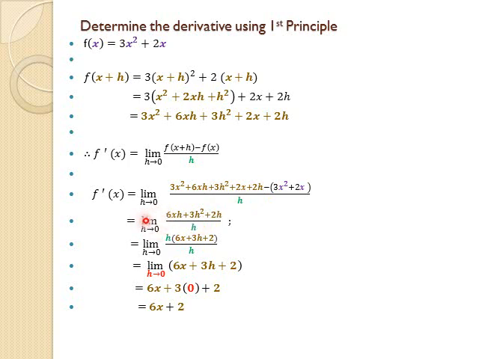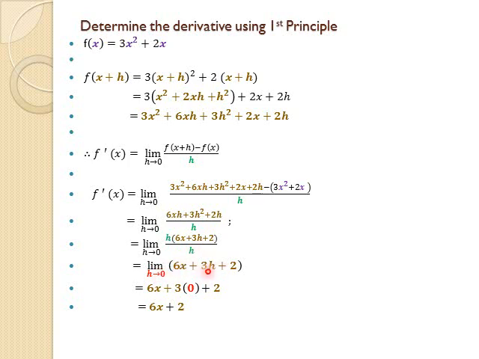Limit is still carried down, right? And then from there, if I take out the h as a common factor, 6xh divided by h gives me 6x. 3h squared divided by h gives 3h, 2h divided by h gives me 2, all over h. You see, limit h tends to 0 still stays, right? So h and h cancel. Only when I don't have the denominator h, after that I can drop the limit.